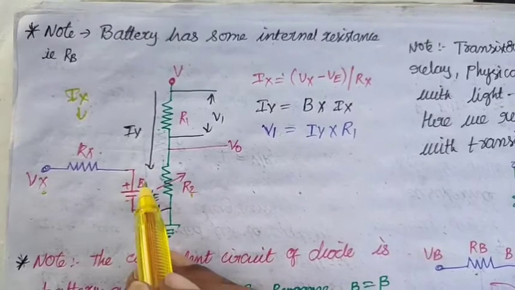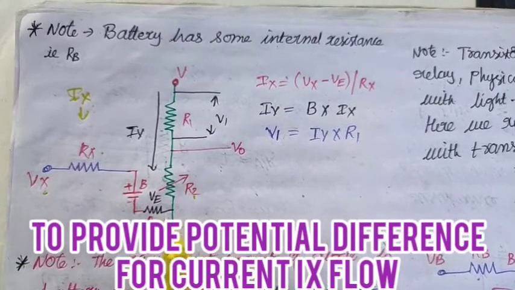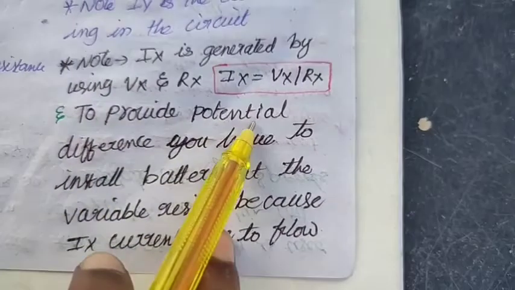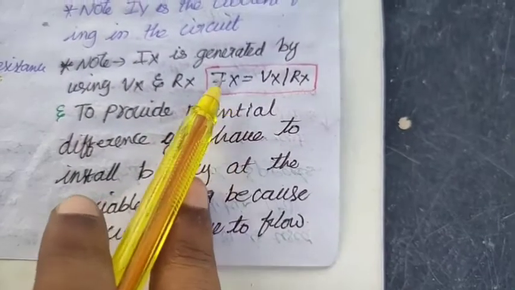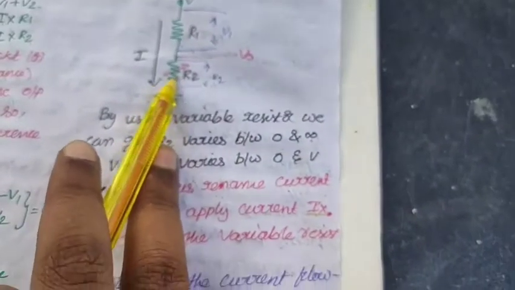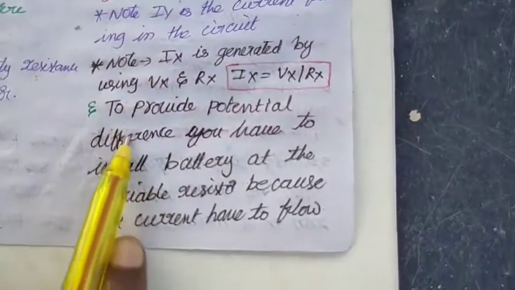But why have I kept a battery and resistor here at the terminal voltage? I kept the battery to provide a potential difference, because the current which I have applied is Ix. It has to flow to the variable resistor, which means it requires some potential difference.